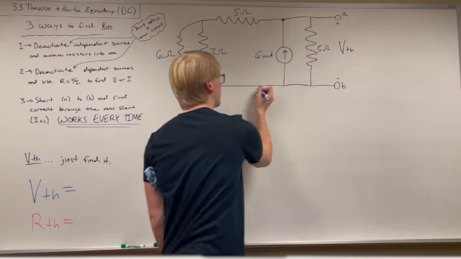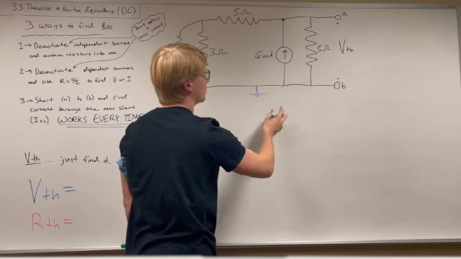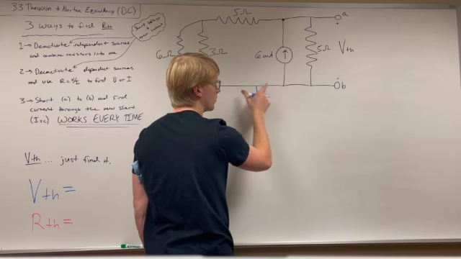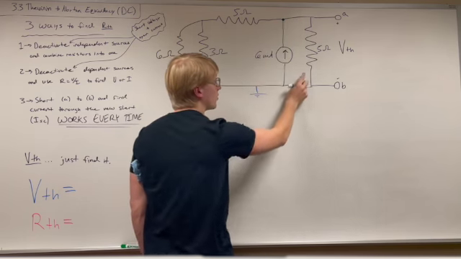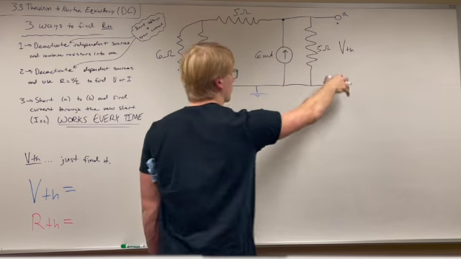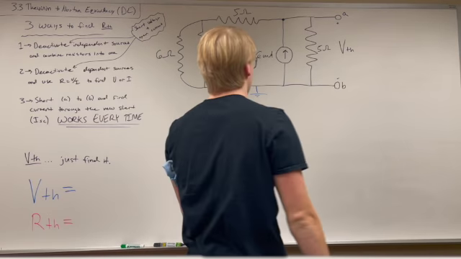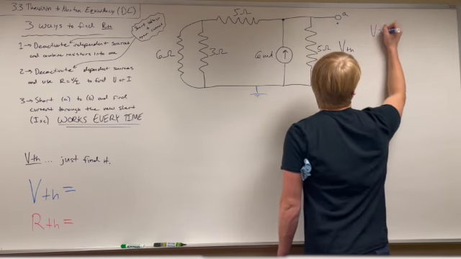This is ground, we'll call it ground. And so the difference between this node and that node is the same across this resistor, and that's V Thevenin. So keep that in mind. V equals IR.